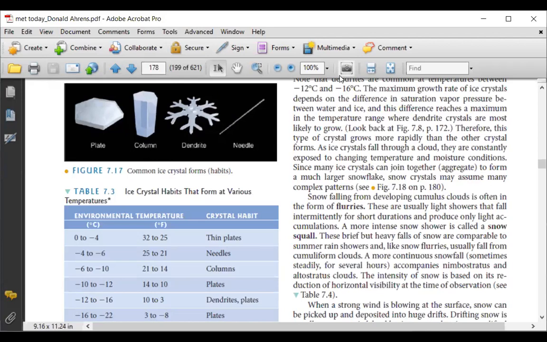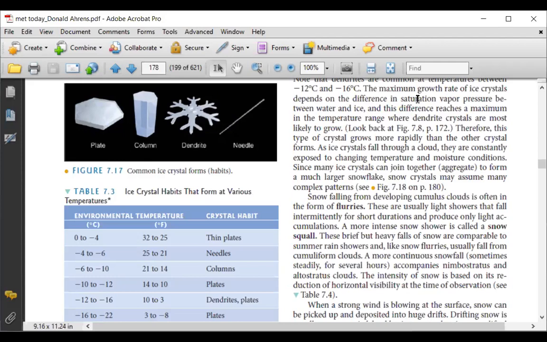Saturation vapor pressure means the pressure at which the vapor becomes saturated. The difference between the two, inside the water and inside the ice, is one condition for the formation of snow. And this is why the dendrite loves to form in that temperature.